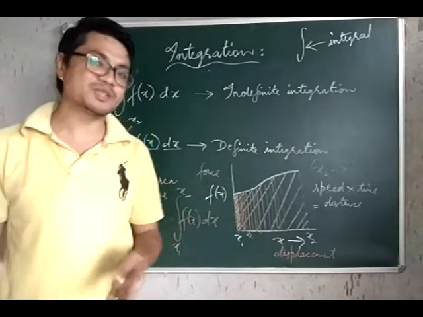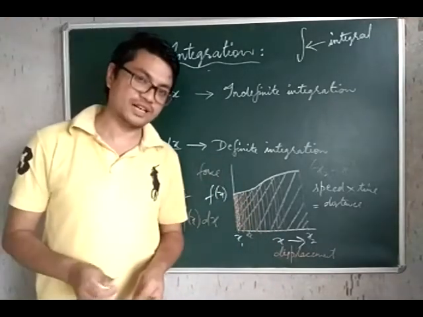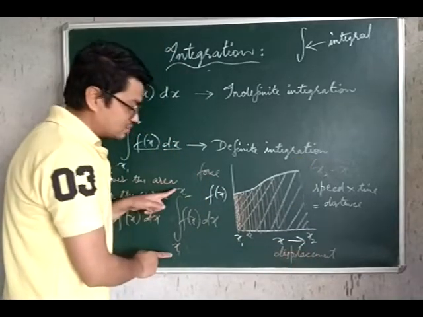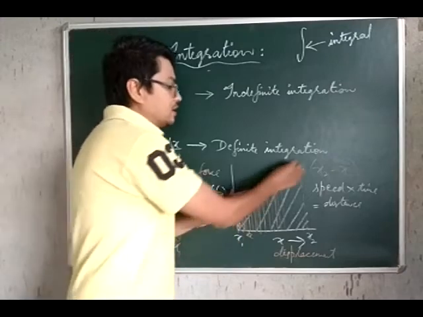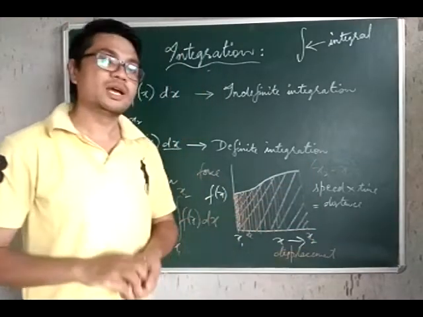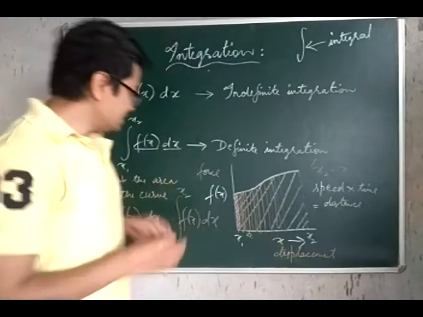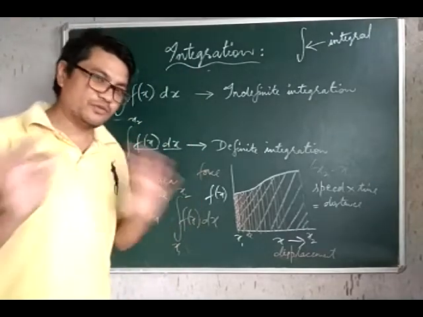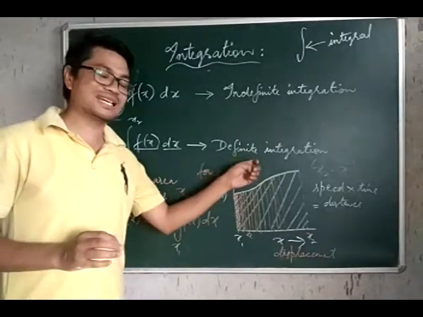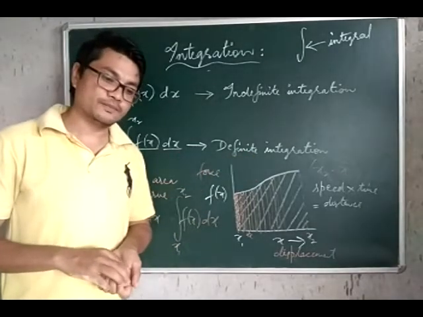So force into displacement is what? It is work done. So the area under this curve, from x1 to x2, is giving us the work done. The area under the curve is basically giving us work done. So this is a very brief overview of integration, or most precisely, definite integration.